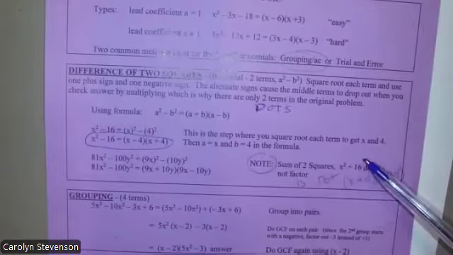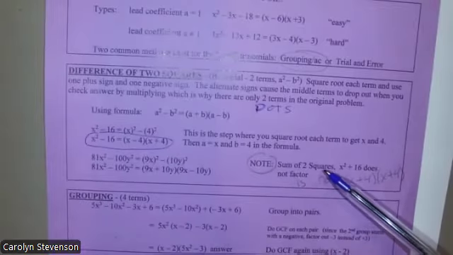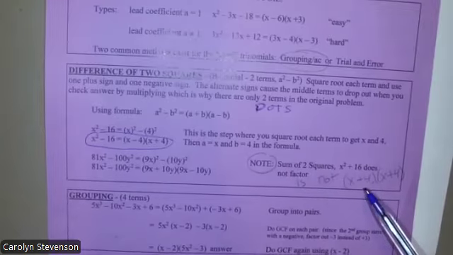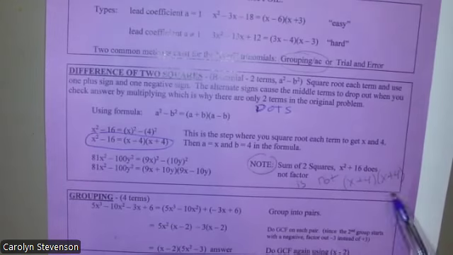And then a reminder that x squared plus 16 does not factor. It's called the sum of 2 squares, so it's not the difference of 2 squares. If you try x plus 4 twice, you're going to get plus 4x, which will give you plus 8x in the middle, and there's no middle term here. So you need the plus and minus in there to give you the cancellation for there to be no middle term.